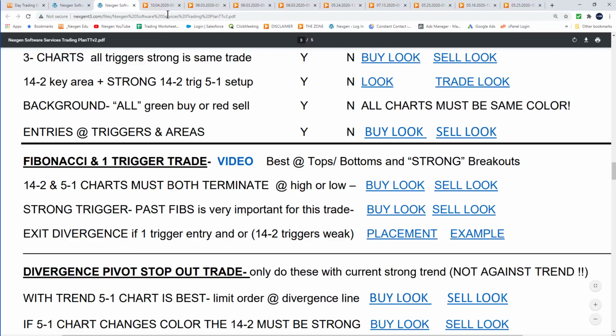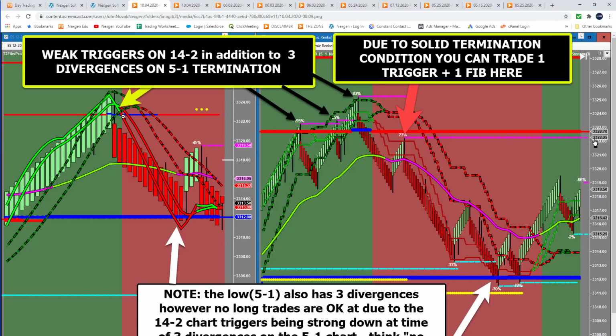And then look, here's the example of the trade setup. And you'll see very similar things almost every single time. Very weak triggers on the 14.2. In addition, you have 1, 2, 3 divergences on your small chart, which is a termination potential for both charts.